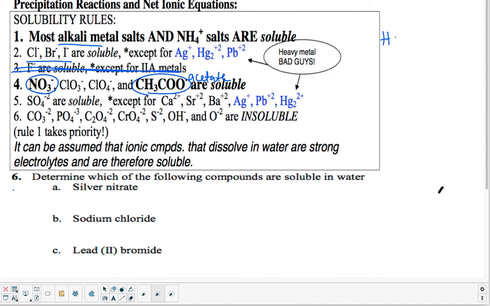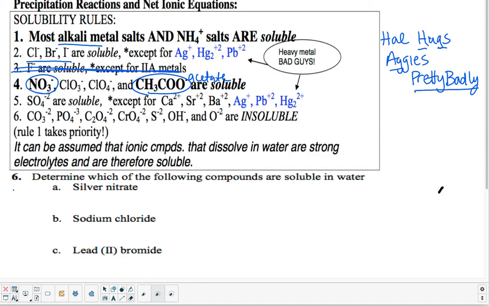Hal hates, or hugs, I'll say hugs, Aggies pretty badly. What the heck is that? Well, all halogens are soluble except for mercury, silver, and whenever you see pretty badly, it's lead, Pb. All right? So Hal hugs Aggies pretty badly.